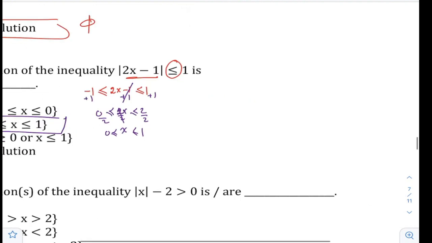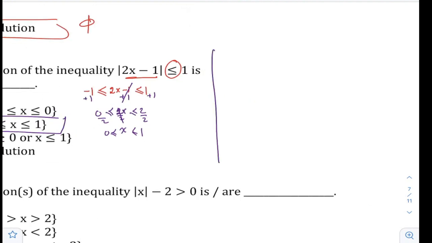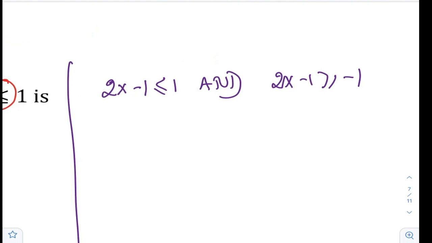If you want to divide your work into two inequalities, they should be combined by and. So this will be 2x minus 1 less than or equal to 1 and 2x minus 1 more than or equal to -1. If you shift it to the other side, 1 plus 1, 2.